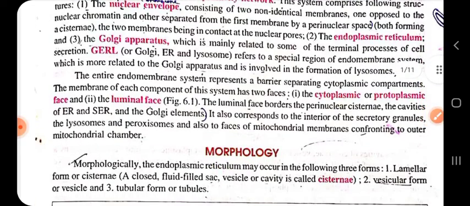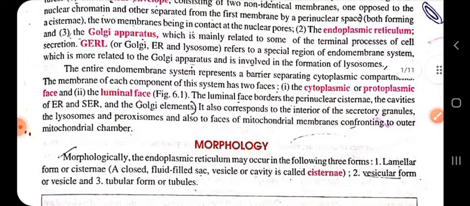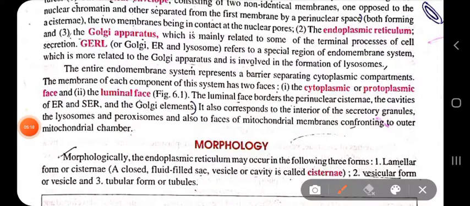Now let us see the main features of the endoplasmic reticulum. Generally, it is said that the entire endoplasmic reticulum has two phases. One is the cytoplasmic or protoplasmic phase, and the other is called the luminal phase.